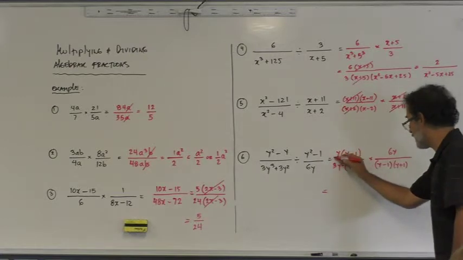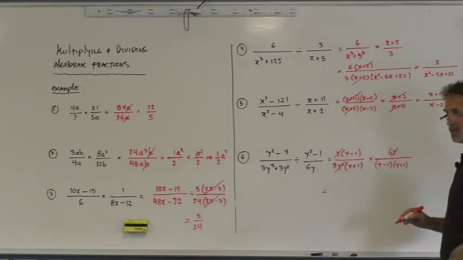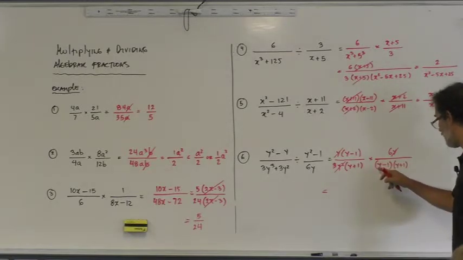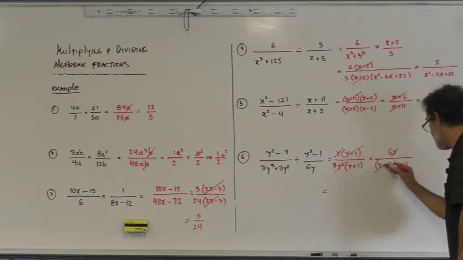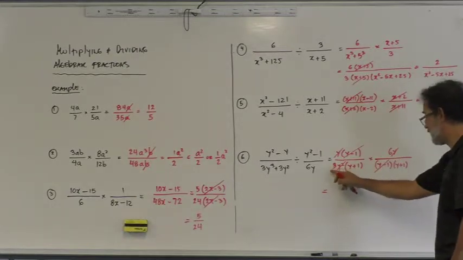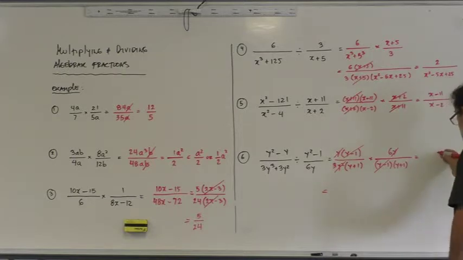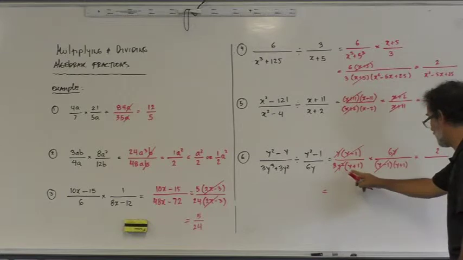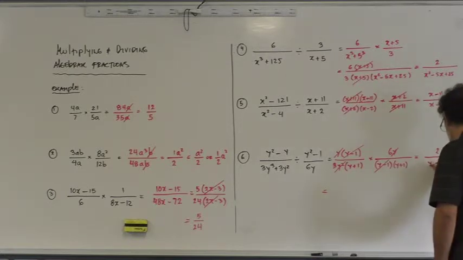So that means that we can get rid of this, and all that. And then we have y minus 1, and then we have y minus 1. And then we have 6 and 3. So that is 2. So the answer is going to be 2 over y plus 1 squared. So it's going to be y plus 1.